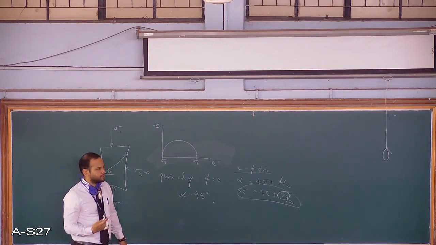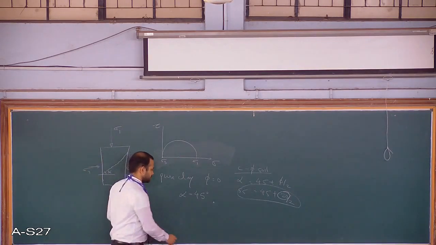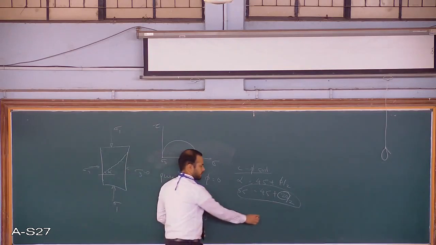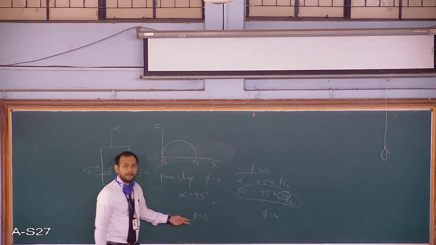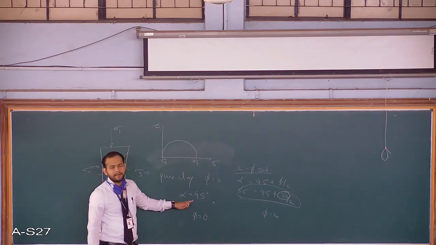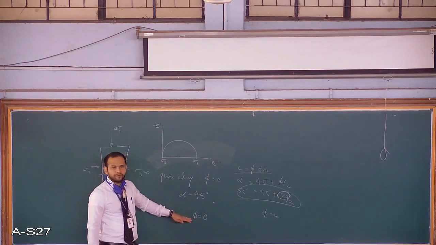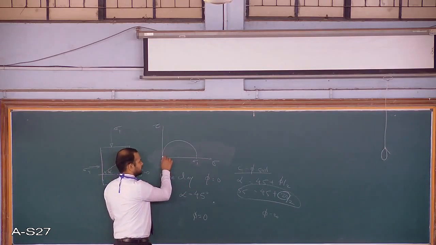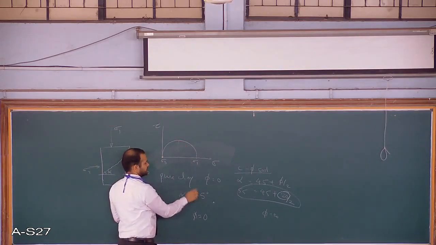The next input that you want is phi. And this is the alpha value. Another thing you can find with this is alpha. This is alpha. How much is it? 45.